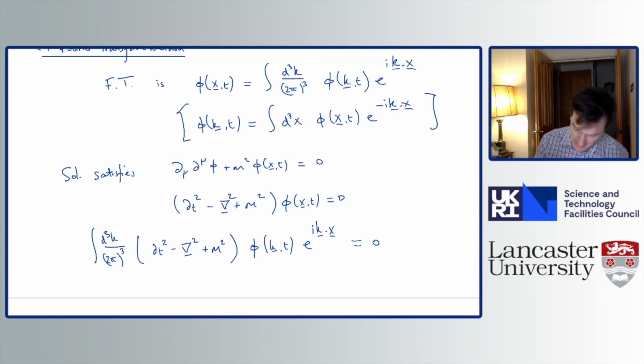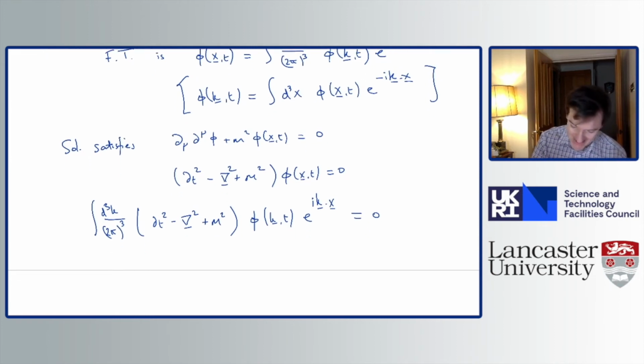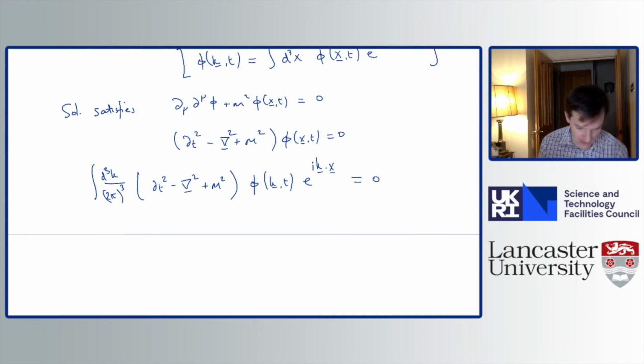We can certainly take the derivative with respect to x on this e to the ikx. This spatial derivative is not going to act on the function phi k of t, since it's not a function of x. It's only going to act on the exponent. So let's write down the d3k piece.